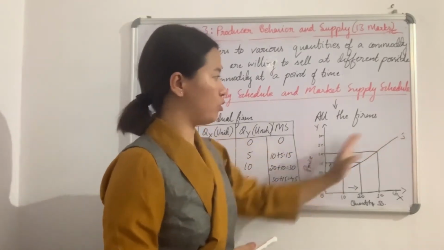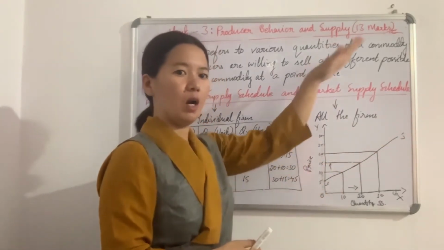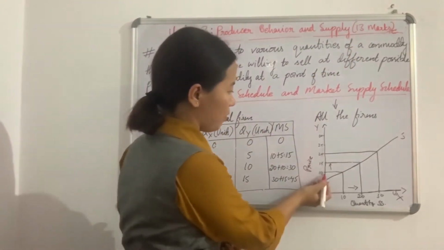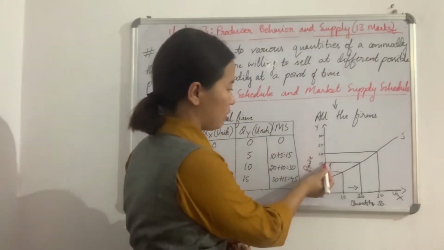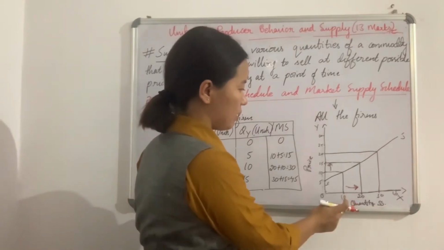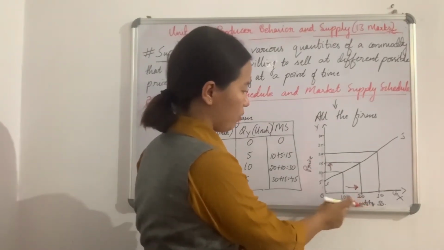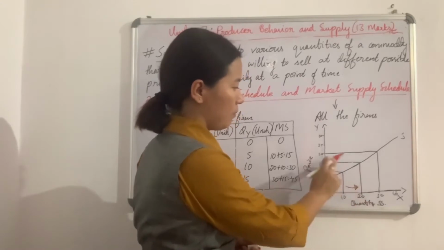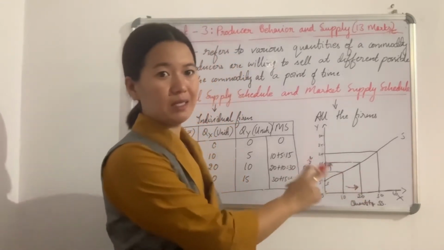That is, from left to right, the supply curve slopes upward. When there is an increase in price from rupees 10 to rupees 15, there is an increase in supply of a commodity from 10 units to 20 units. So there is a direct relationship between price and supply.